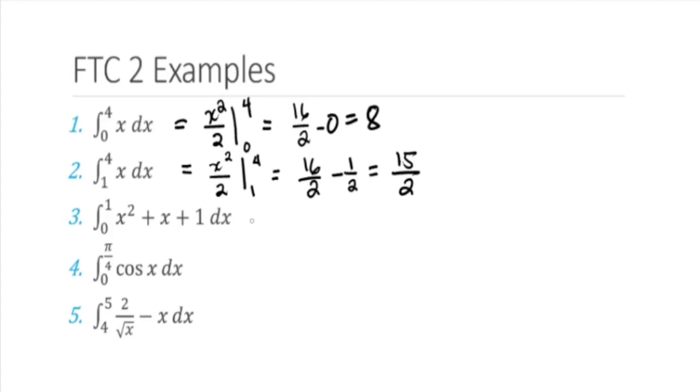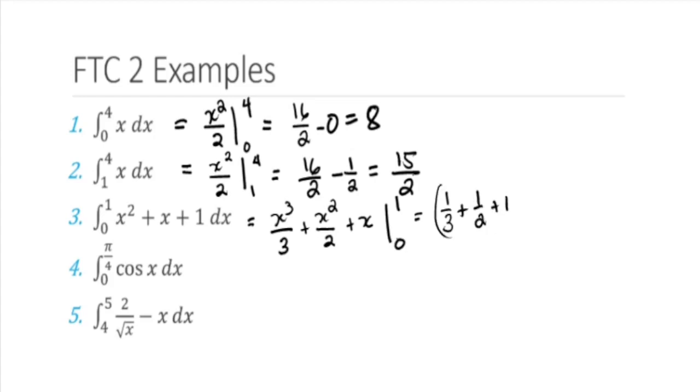Number 3. Again, we can just use the power rule. So, x cubed over 3 plus x squared over 2 plus x. We evaluate this from 0 to 1. This would be 1/3 plus 1/2 plus 1 minus, well, all of them have x, so minus 0 only.